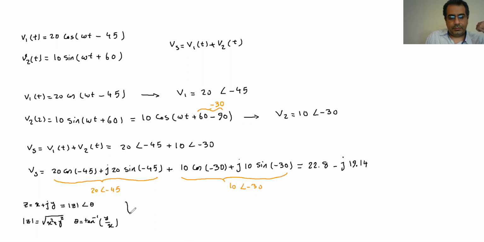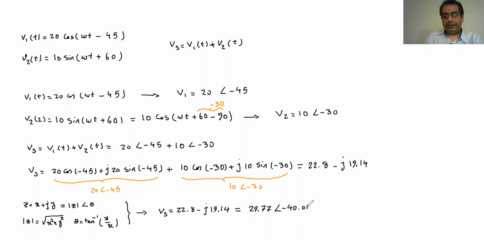Therefore I have Vs as 22.8 minus j 19.14, and I can use this equation to convert it to polar format, which is going to be 29.77 with angle of negative 40.1.